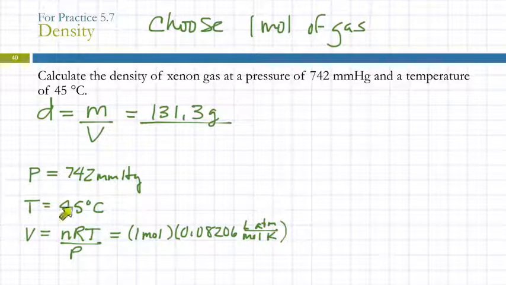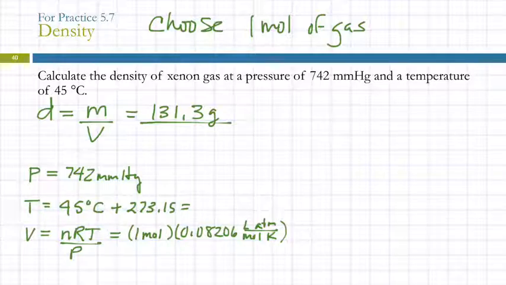Is my temperature in Celsius going to be okay? Nope. Plus 273.15, 273.15 plus 45, 318.15 Kelvin.